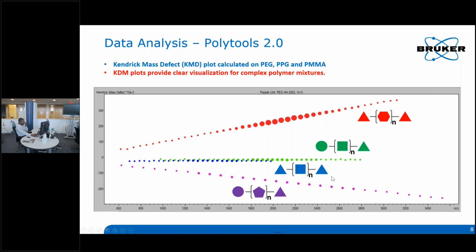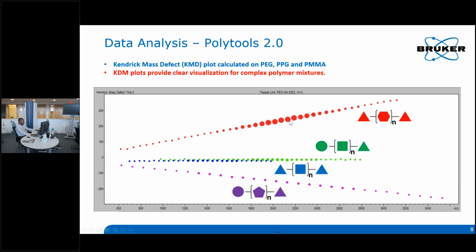And as you can see here, we get about 4 series present in the sample, 2 of them that align horizontally, meaning that they have the same repeat unit mass. And in this case, the repeat unit mass that was selected was PEG, so this would correspond to a PEG series. 2 separate PEG series with different end groups.